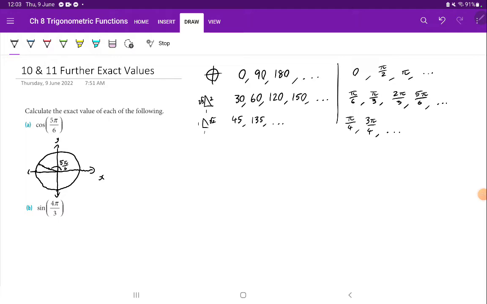Now, once we get here, we want to work out what the reference angle is. And the reference angle we're looking for is actually this angle in here. And we can work out that angle by saying, okay, well, this is going to be equal to cos of pi minus 5 pi on 6.